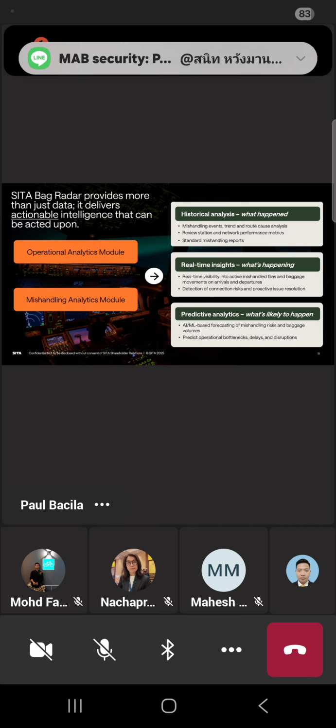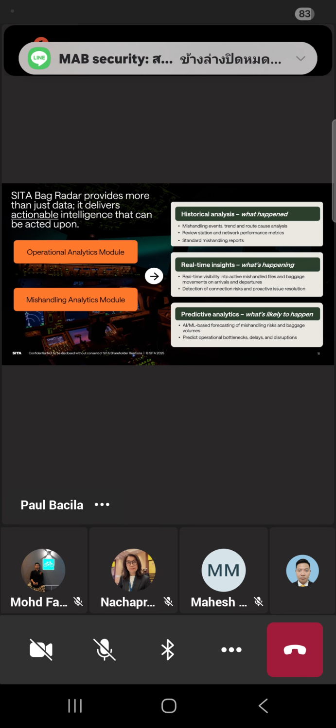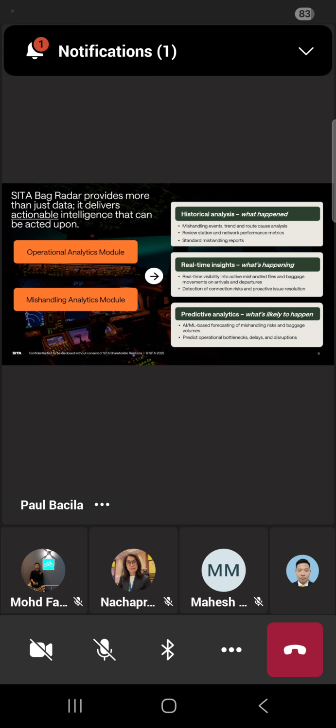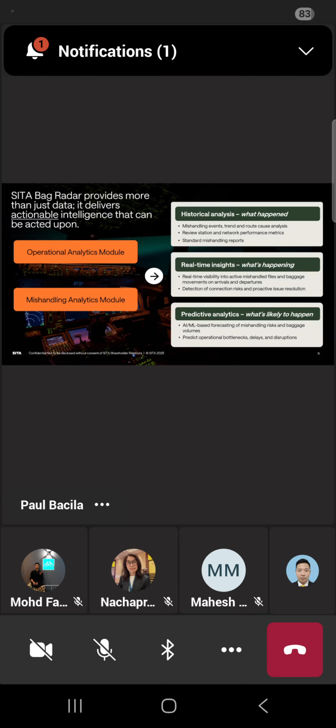And for each of these modules, we have a different set of licenses: historical, to understand what happened; real-time insights, to see what's happening now, have real-time visibility into baggage volumes and active mishandling files to take proactive, immediate actions; and predictive, to predict the baggage flow and the mishandling risk, to understand what's likely to happen. So basically be prepared in advance for potential problems based on past data, and be proactive and try to take measures before the problem actually occurs, right?